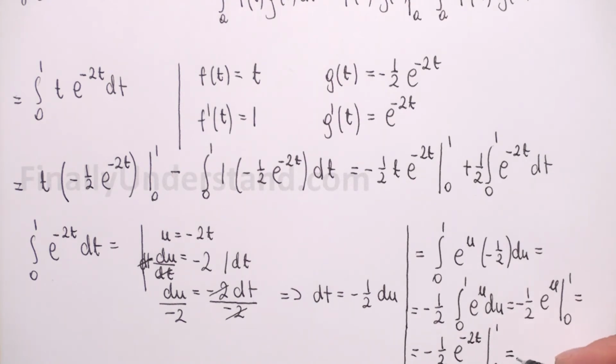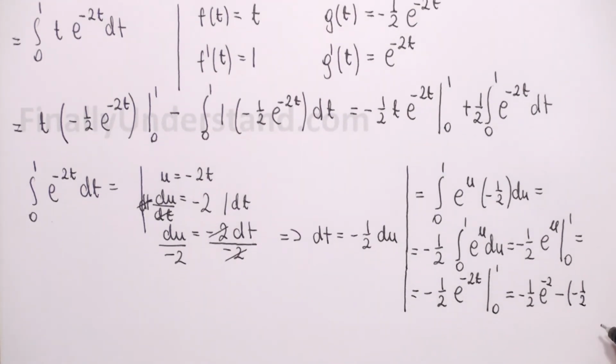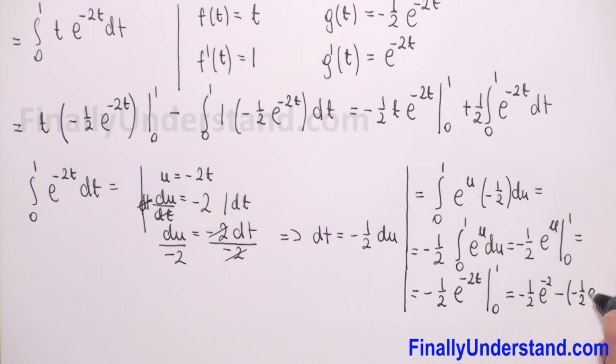So this is equal. Now we have to first plug in the upper limit. We will have negative 1/2 times e to power negative 2 times 1, which is negative 2. And we have to subtract the lower limit. So we have negative, in parentheses, 1/2 times e to power negative 2 times 0, which will be 0.